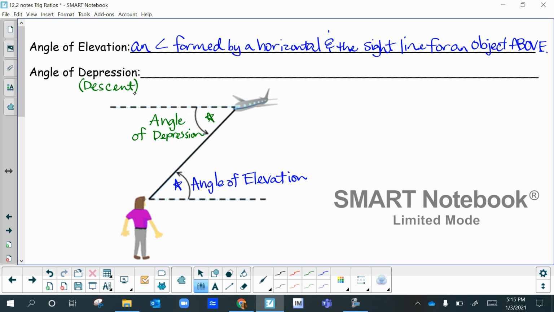So this one would be an angle formed by a horizontal. The horizontal is always involved. And the sight line, or line of sight, same thing, for an object, guess, below.